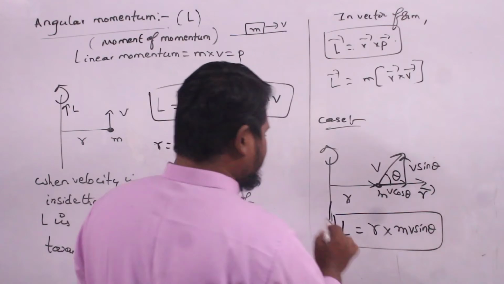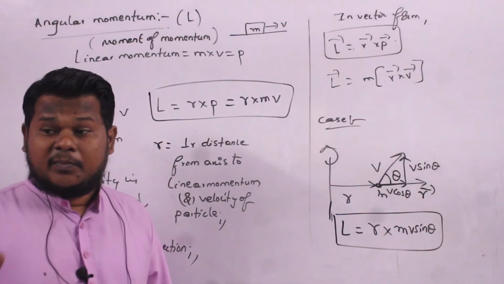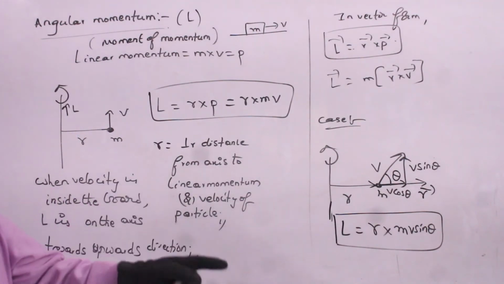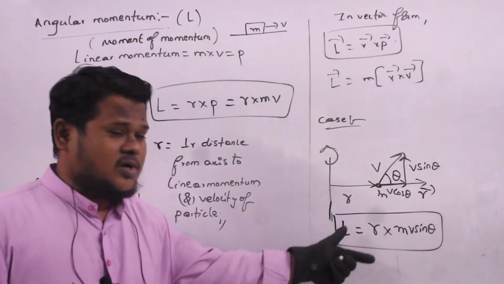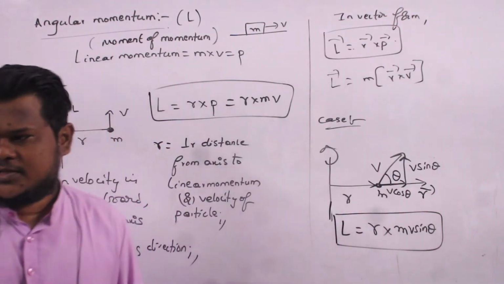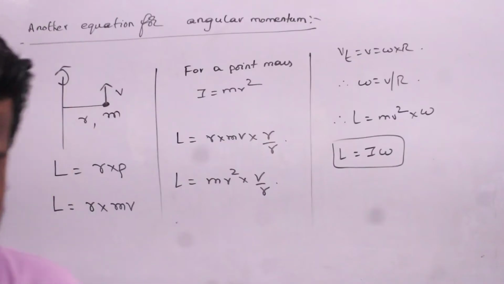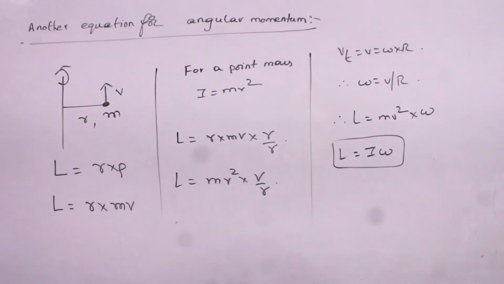So finally what we understand is that we have to take only those two vectors which are perpendicular to each other. The radius and velocity vector must be perpendicular. Take only those components. Understood? That's it. So we are writing another equation for angular momentum.